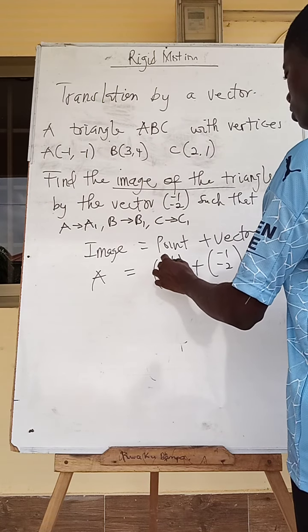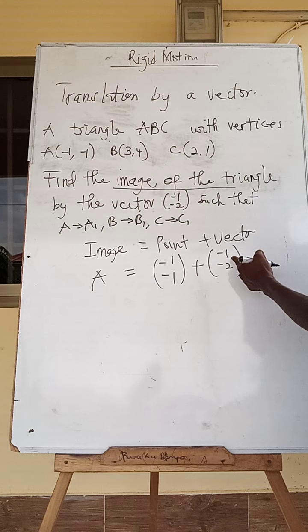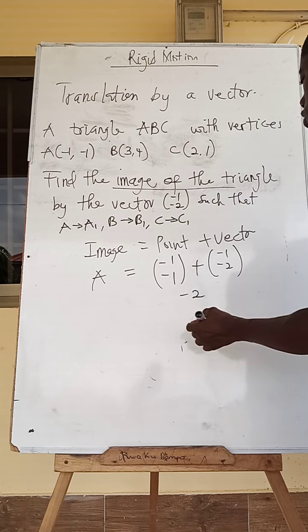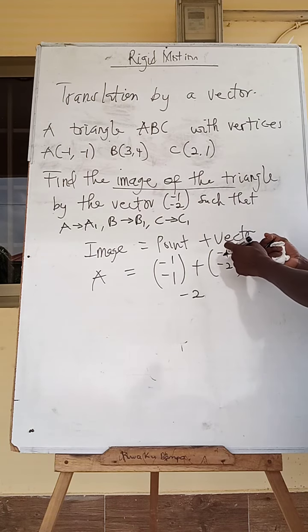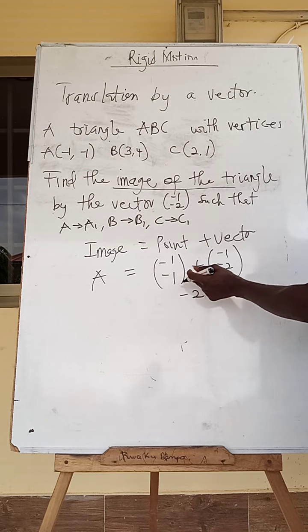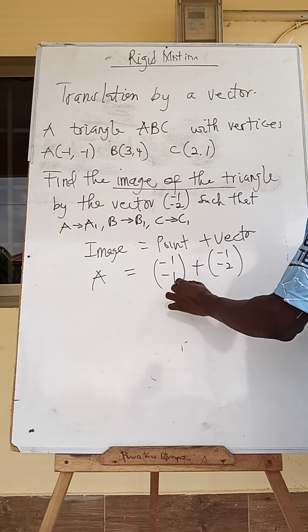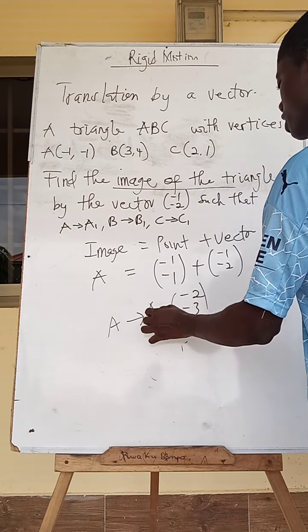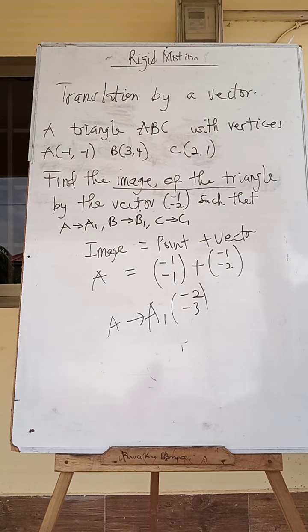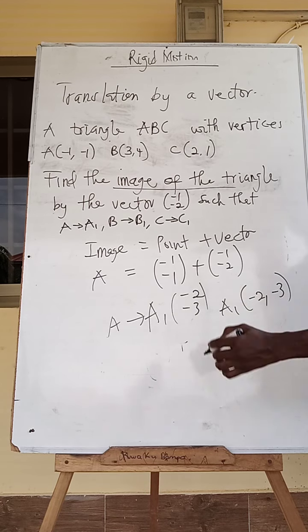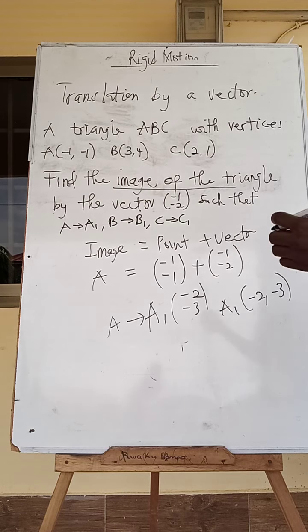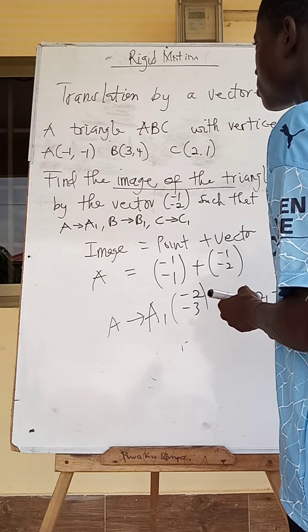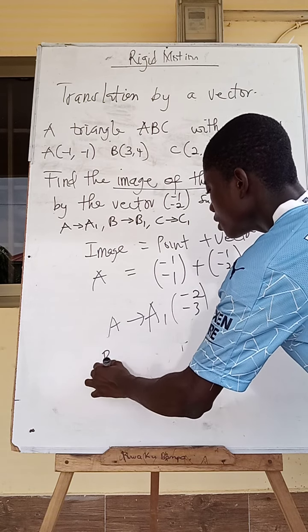So we are going to get -1 plus -1 is -2. You are owing 1, you are also owing another 1, when you add it, you owe 2. -1 plus -2 is -3. Good. So this is A, and it maps to the image of A. So you can say A1, written in coordinate form, is (-2, -3). Is that okay? Now let's try B. Let's do B here. B maps to what?